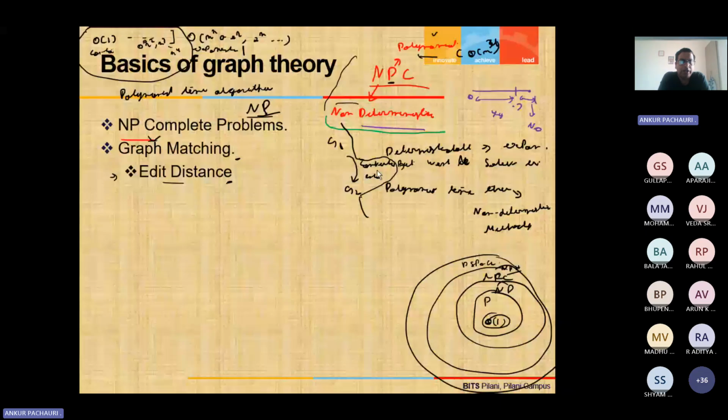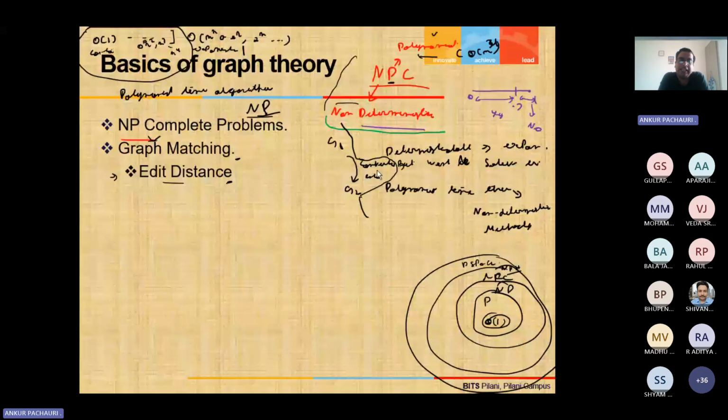The operations allowed are: add an edge, add a node, delete a node, delete an edge, merge a node, split a node, split an edge, and merge edges.